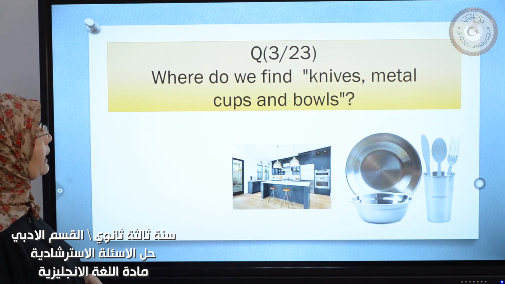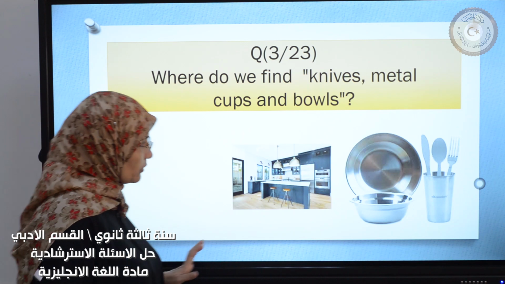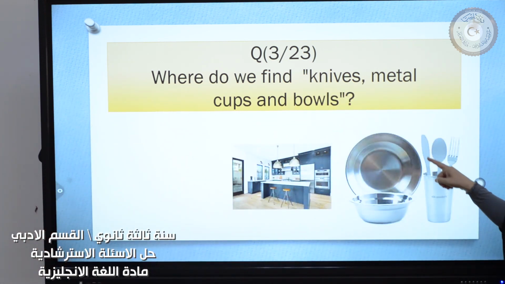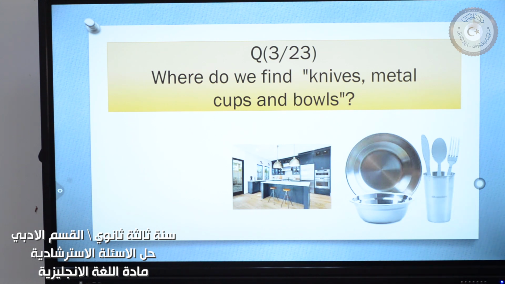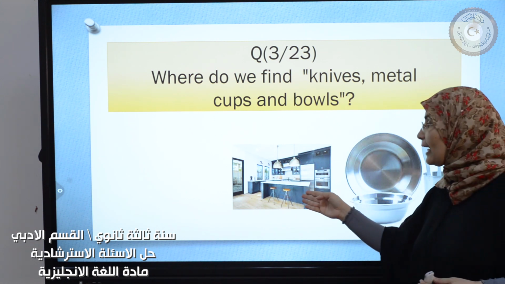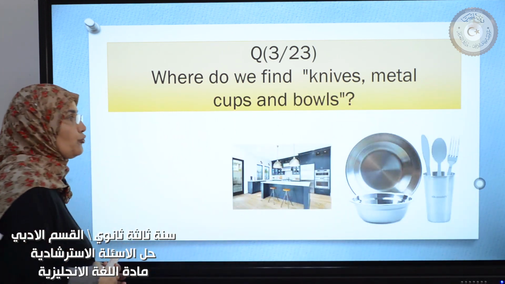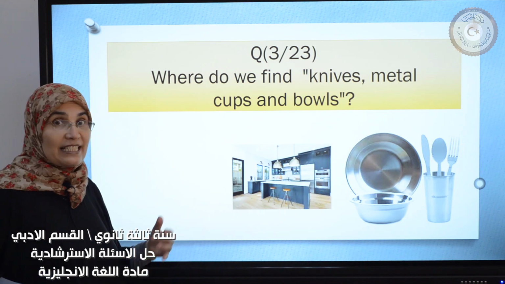Where do we find knives, metal cups, and bowls? Let's move on to this side. Knives, metal cups, and bowls. Where do you find them? I have a clue here, the picture. What do you think this picture represents? It's the place where you cook and sometimes eat.